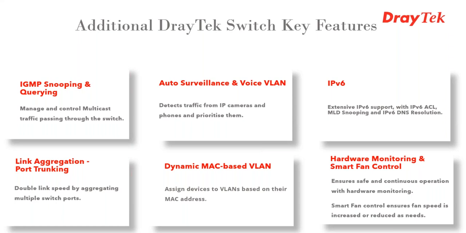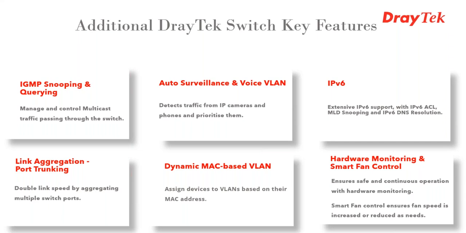The Vigo switch also ensures safe and continuous operation with hardware monitoring. We can track the switch temperature, voltage, and fan status over a period of time. The smart fan control ensures the switch increases its fan speed as required, slowing down the fans at lower operating temperatures and PoE power loads.